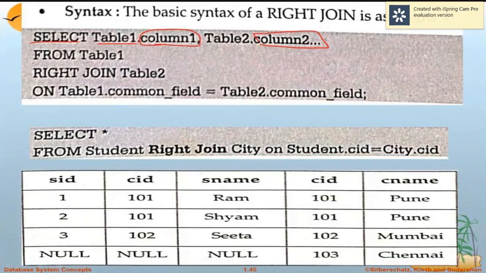In the from command you mention the table along with the join: table 1 right join table 2, and then the on condition, mentioning the common field between table 1 and 2. This will pull out the data from the right table, and if I don't find any appropriate values in the left table, then null will be displayed.